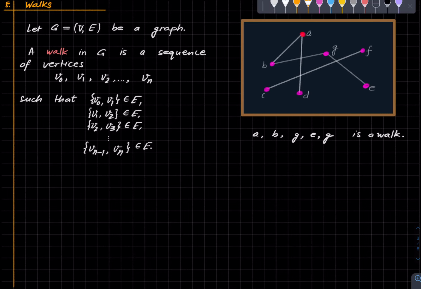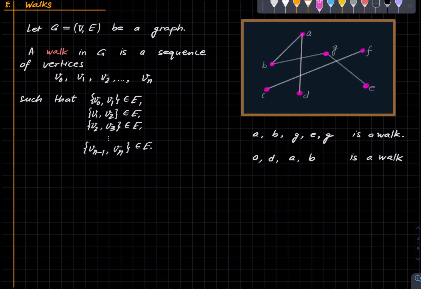Because from A you can go to B in one step, then G, then E, and then again back to G. So this is a walk. Another walk is A, D, A, B. This is also a walk, because A and then you can go to D, then again back to A and B.